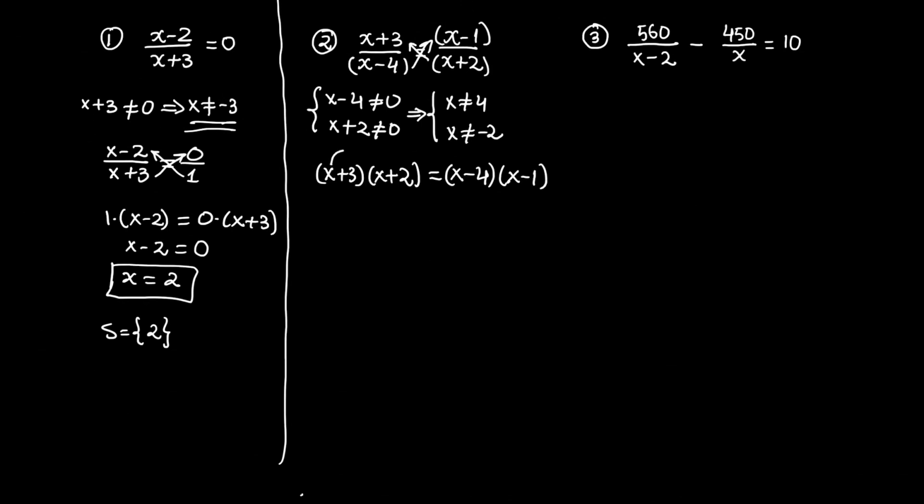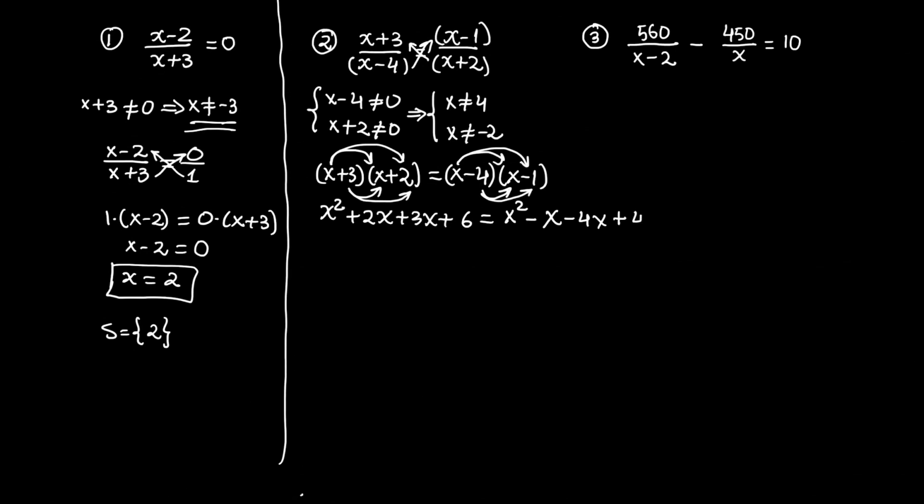Then I have x times x, x squared, x times 2 plus 2x, 3 times x plus 3x, and 3 times 2 plus 6, equal to x times x, x squared, x times minus 1 gives minus x, minus 4 times x gives minus 4x, and minus 4 times minus 1 gives plus 4.